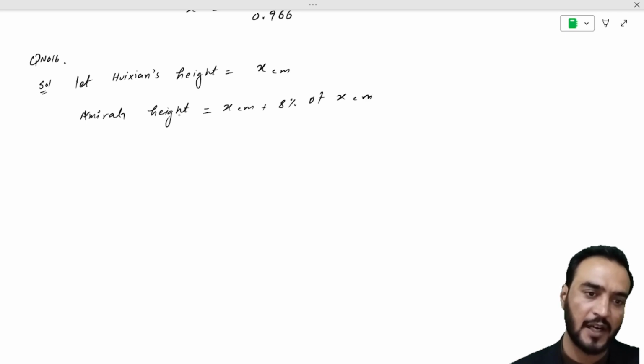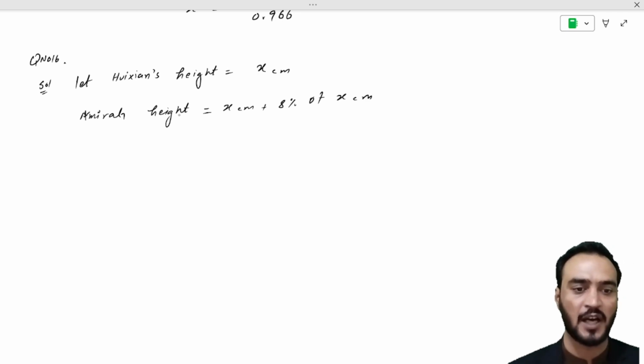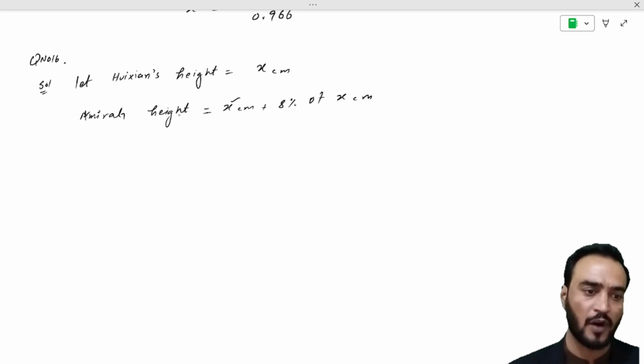Because Amira is 8% taller than Hexane, and Hexane's height is x centimeters, we add 8% more of Hexane's height to Hexane's original height to find Amira's height.